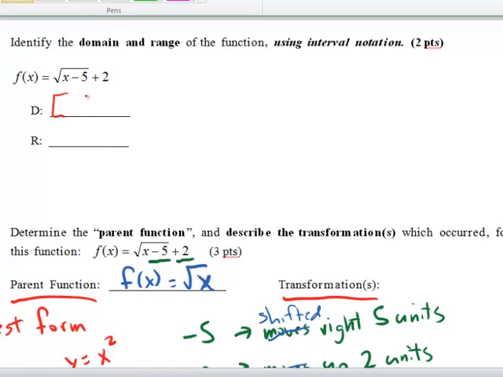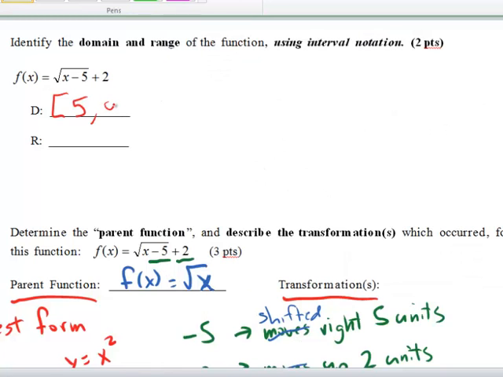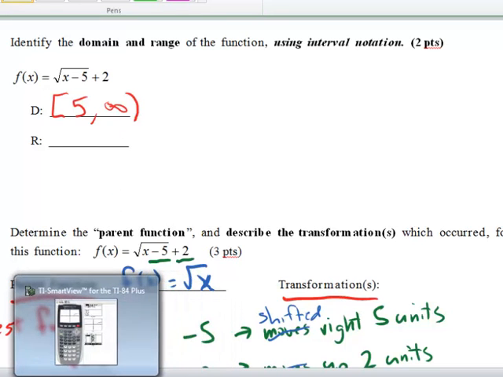We put brackets here and say 5. That's our first point. It keeps going to the right as far as we can see. There's no stop, so it goes all the way to positive infinity. And that's our domain. Measuring along the x-axis which x values were being used.